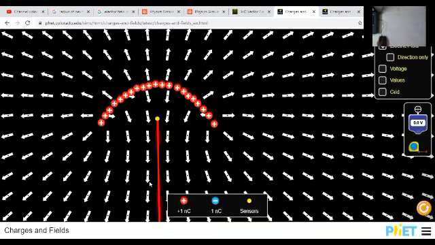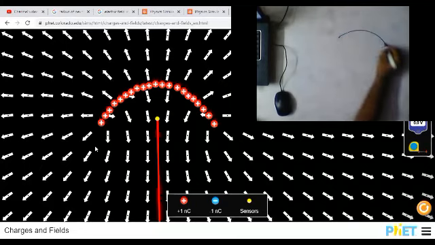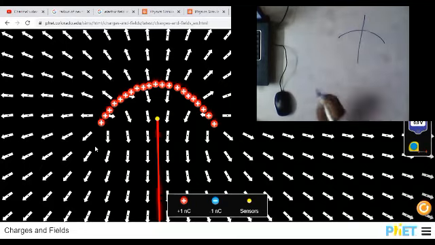You can see the direction; in yesterday's class we discussed it and I showed you very clearly. If this is an arc and this is the division of that arc, and this is the center, the electric field intensity will be in this way.